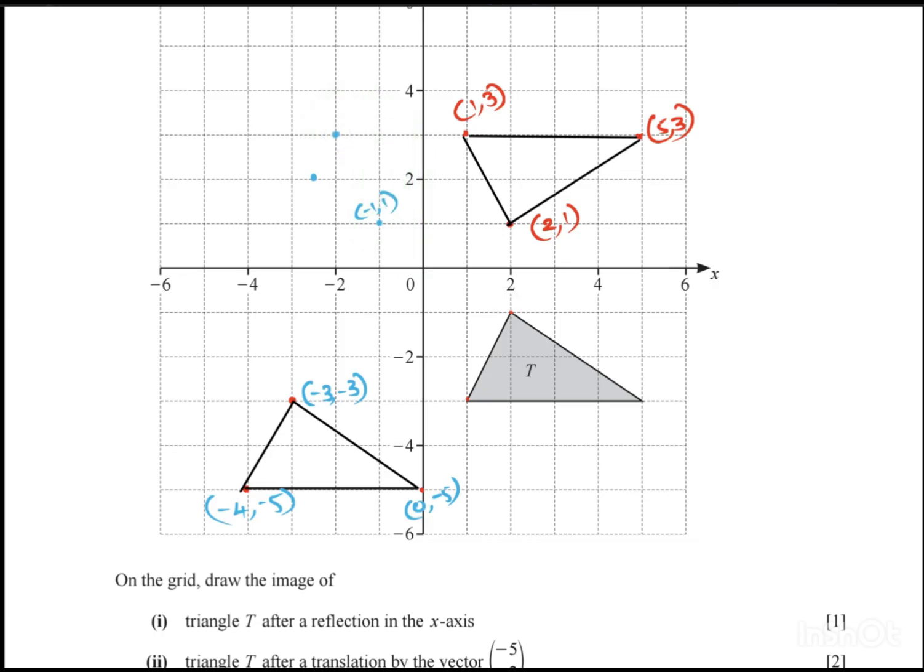Next, check the last vertex, this one. 1 2 3 4, 1 2 3 4 5 6. So that means 2 and 3 we should go. 2, 1 2, then 1 2 3. The vertex is here. Now join them.